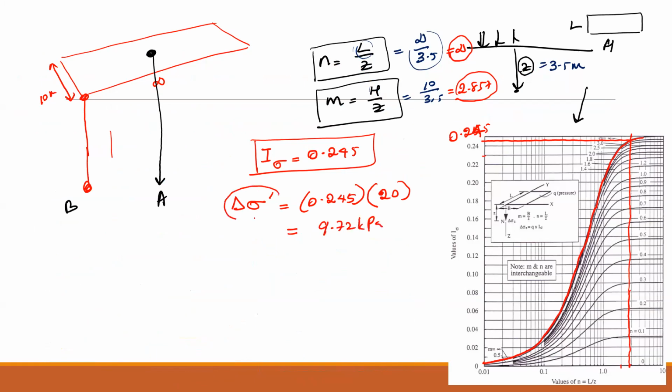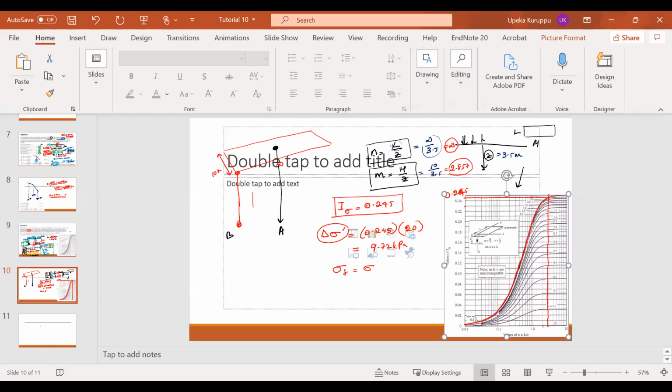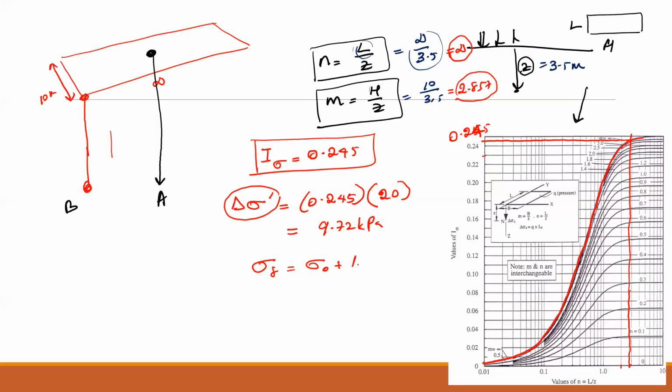So this is the increase. You know the initial and you know the increase. So final will be the initial value plus the stress increase, isn't it? In the previous question, the stress increase was given, but here you are finding it. It's not going to be 9.72.